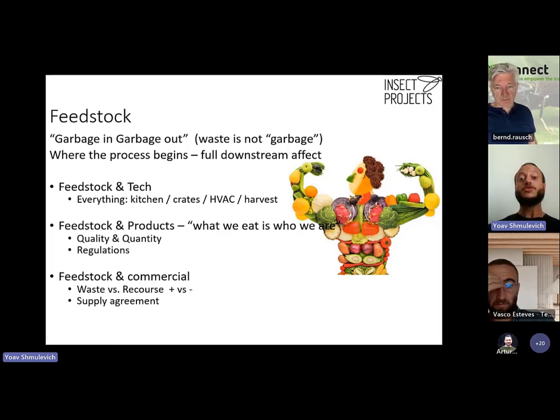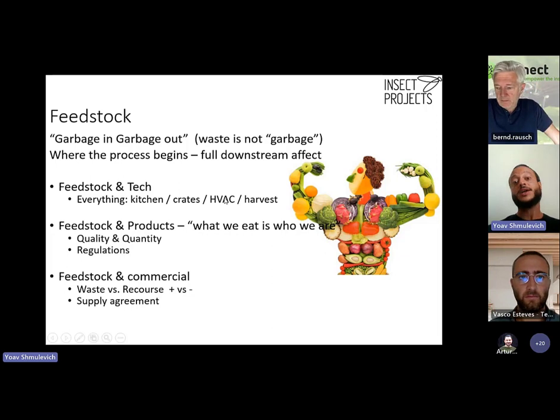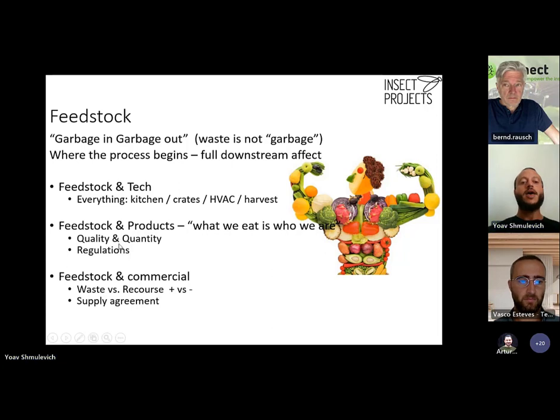Very strong connection here because different feedstocks have different emissions, different heat generations. So the HVAC system is really designed for specific feedstocks. And of course, your harvesting system, how you're going to separate your insect from your frass is very related to the feedstock. If you have large particles, small particles will change the technology you're going to use to separate.